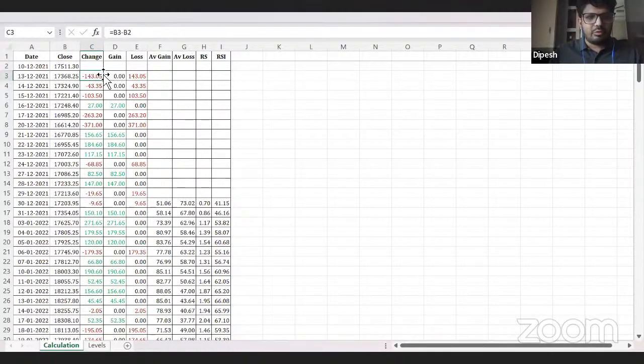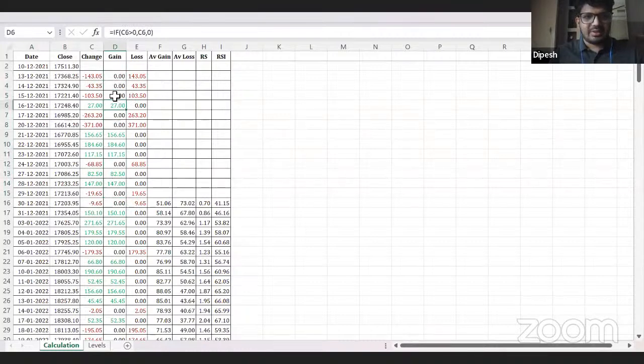Now, remember, the formula of RSI is such that you first have to calculate the relative strength, which is the average of all the gains in a period divided by the average of all the losses in the period. In order to have the average of the gains, we have to come up with the gains in the last 14 periods.